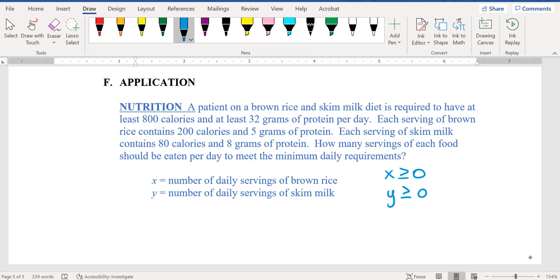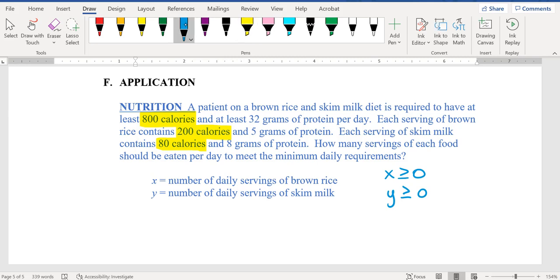Okay, now let's go after our calories. We need to have at least 800 calories. Brown rice contains 200 calories per serving, and skim milk contains 80 calories per serving.